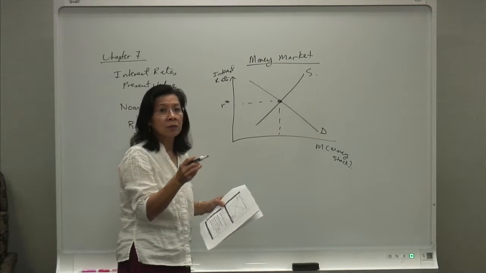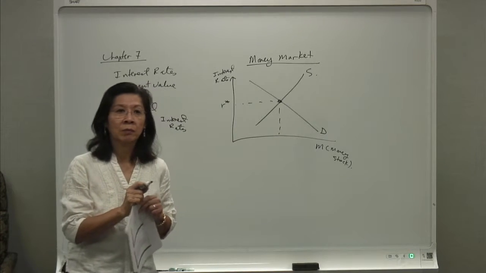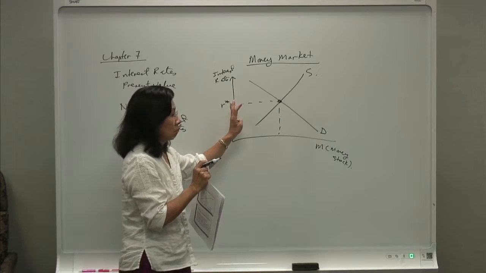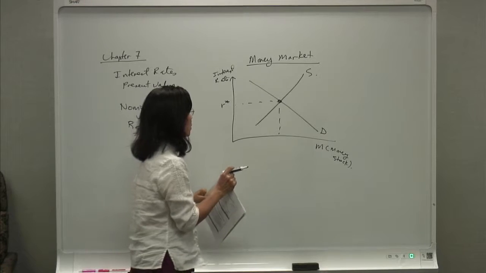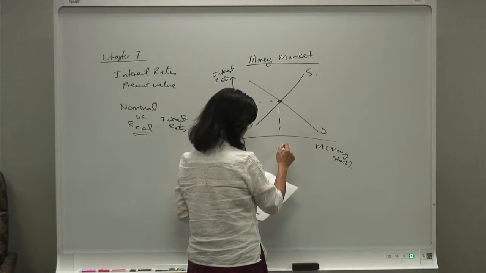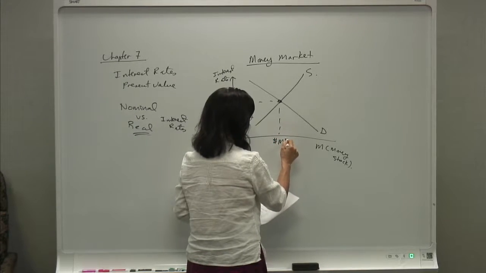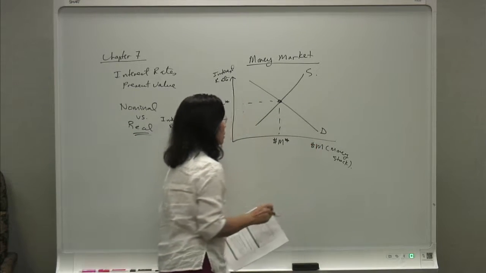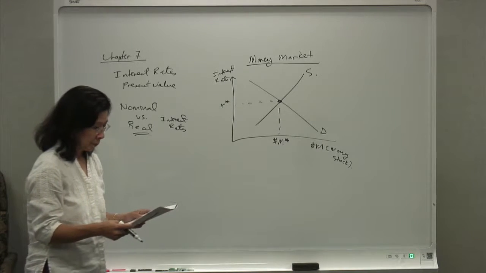And you cannot use the term equilibrium, as you have seen in the earlier chapter on supply and demand curves, unless there is an intersection of both buyers and sellers, demand and supply. Down here it should be dollar money, the MD. In other words, money stock in terms of values.